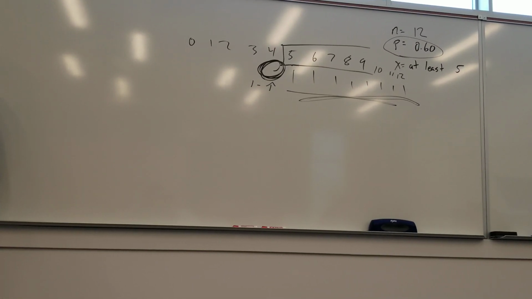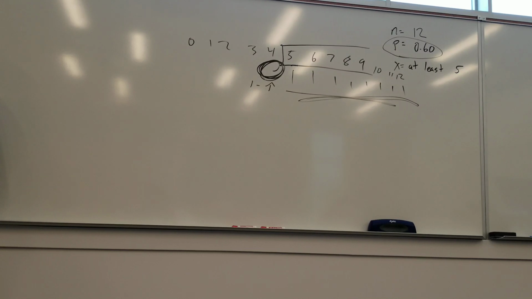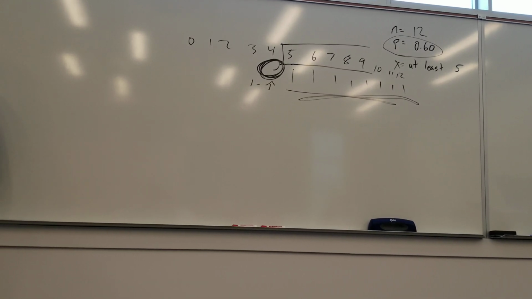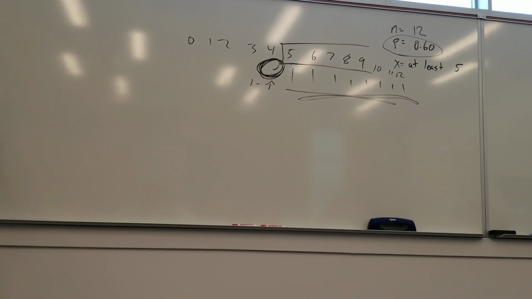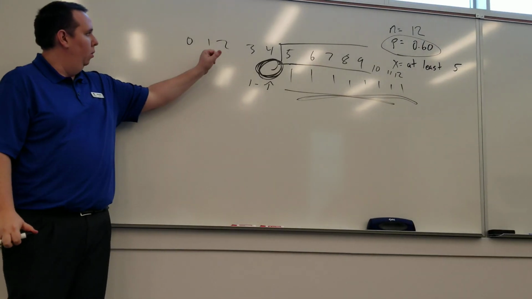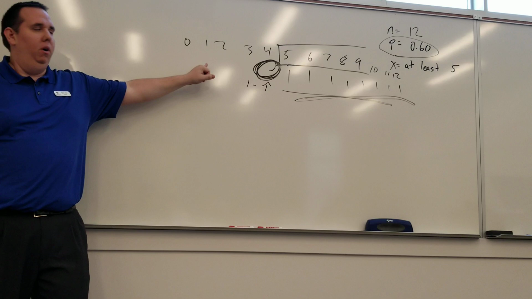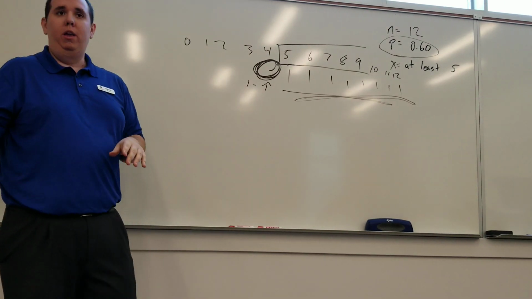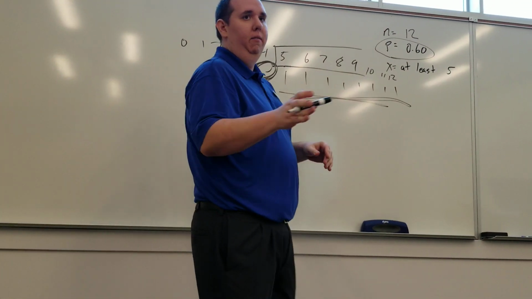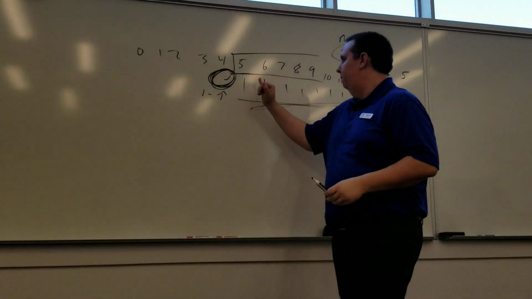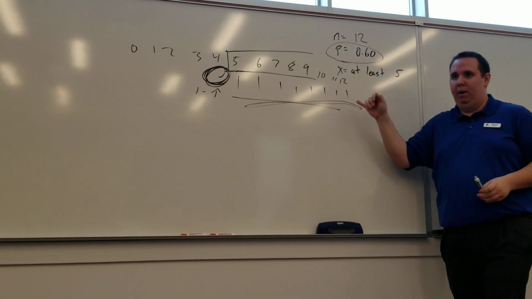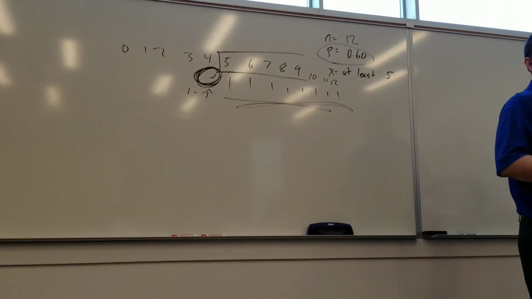Any questions on that? Can you explain again why we use the cumulative and not the individual table? So individual will just give us the probability of exactly 1, exactly 2. So we could look up in the individual table 5, 6, 7, 8, all the way through 12 and add up each of those.